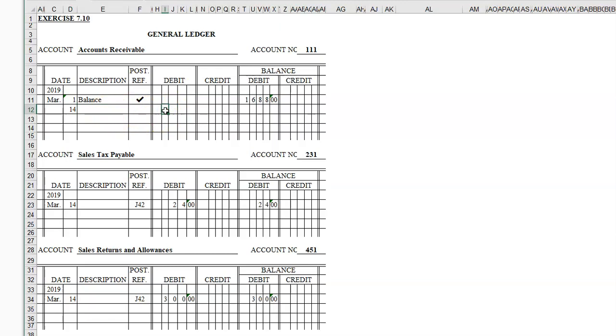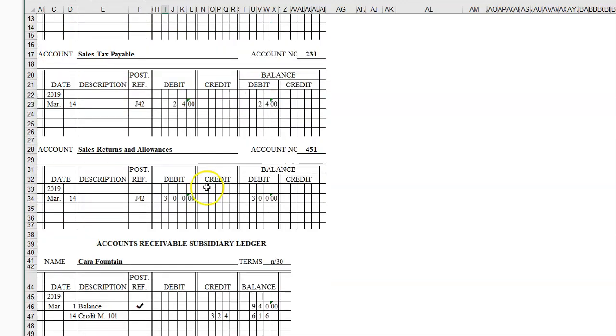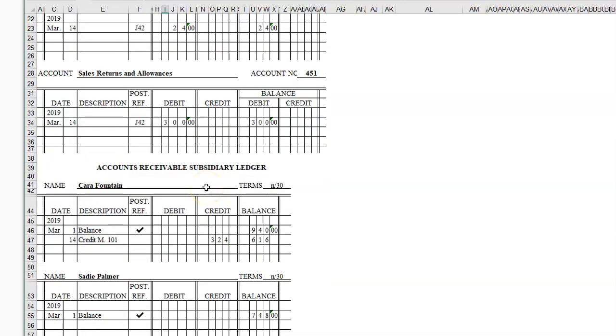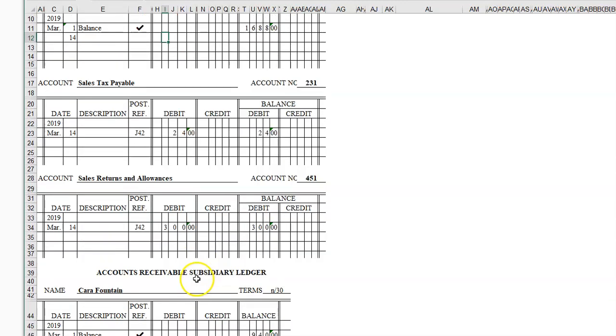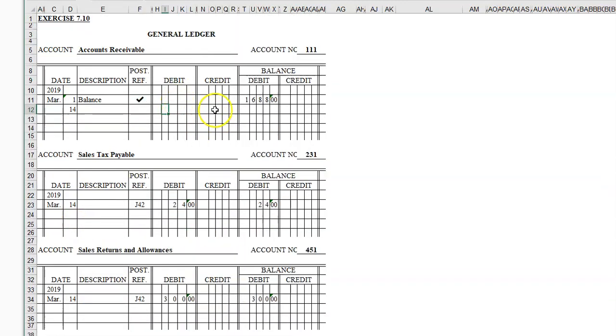Did I throw in a credit or a debit? Yeah, it's still a credit because I'm still on accounts receivable. That's fine.